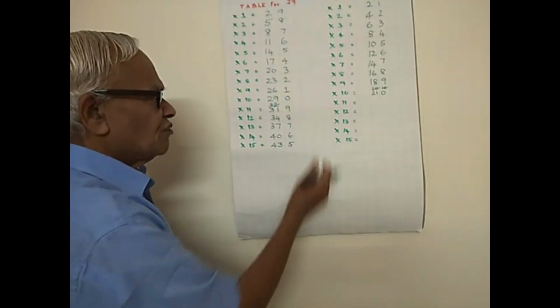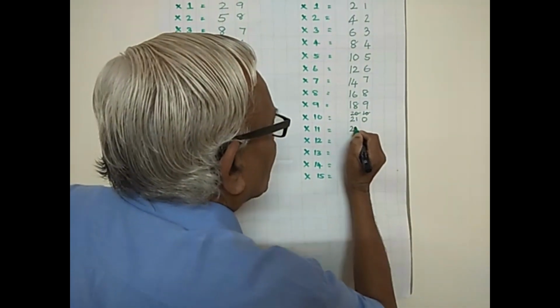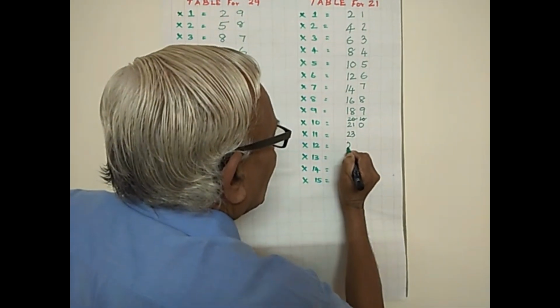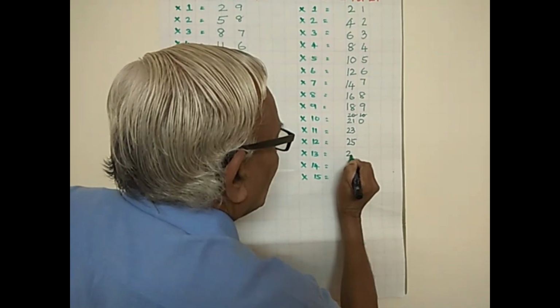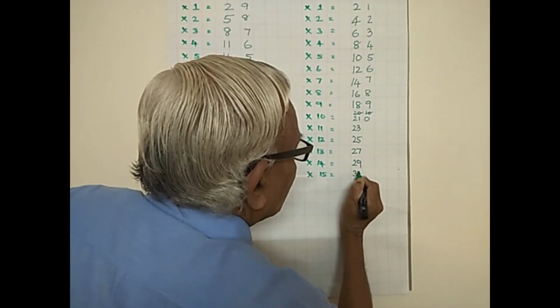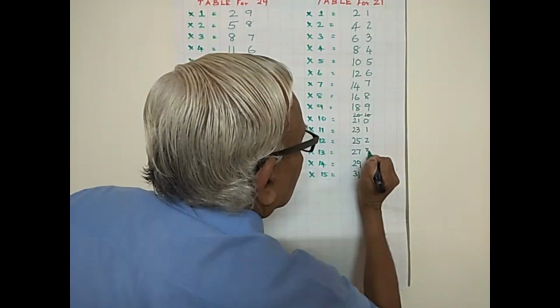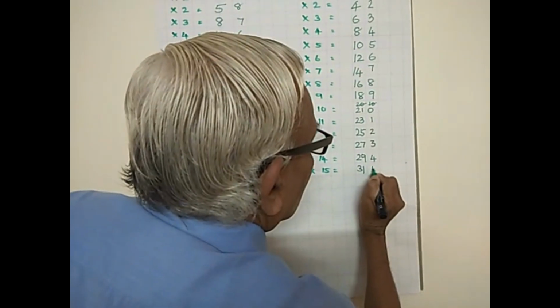Now again for 11, 12, 13, 14, 15, keep on adding 2: 23, 25, 27, 29, 31, with units 1, 2, 3, 4, 5. I hope you understand the basics now.